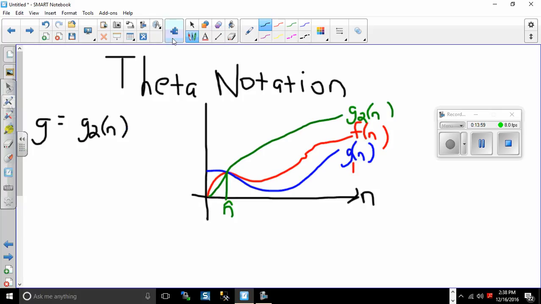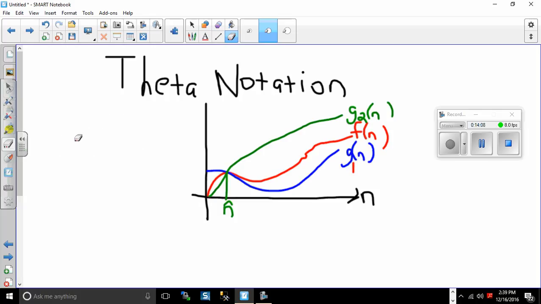So let's see here, what's a good way to express this? No, let me take that back. Let's say that we know that, how can we represent a function being banded?